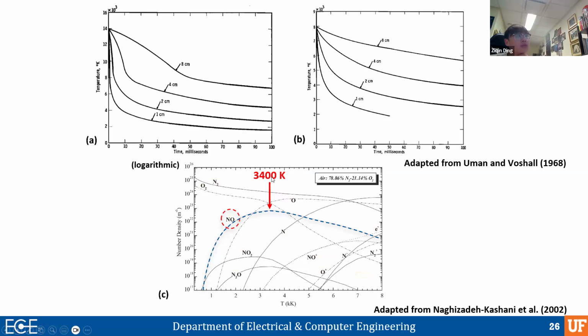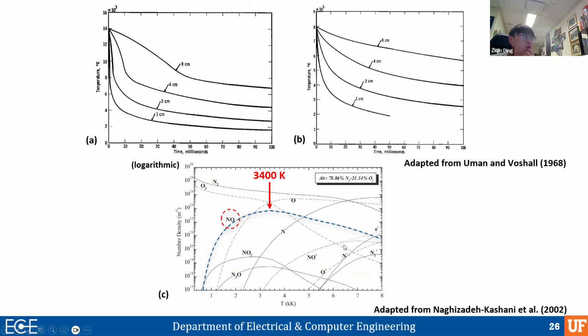So we took a look at the plasma channel cooling processes at atmospheric equilibrium. This composition of air is what we usually have for virgin air.